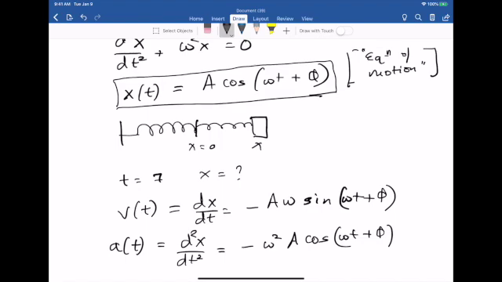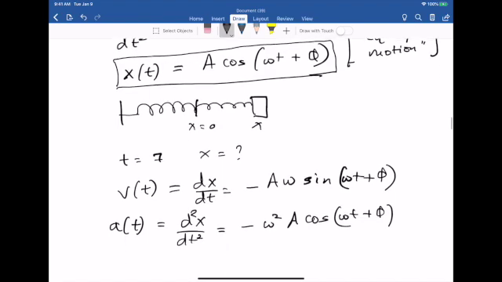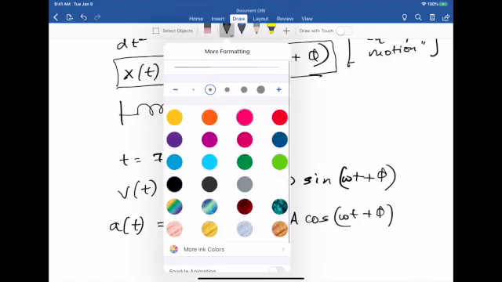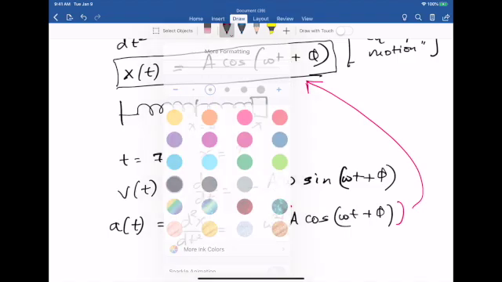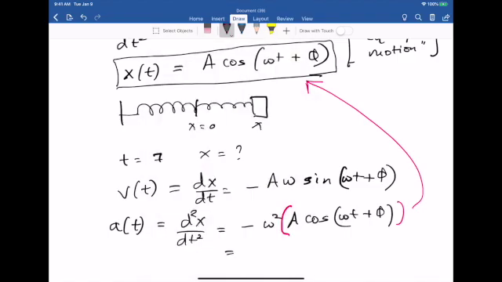Does this ring any bells at all? What does the a cosine(omega t plus phi) remind you of? This is just x as a function of t, right? So I can write d2x/dt squared as minus omega squared times x, right?